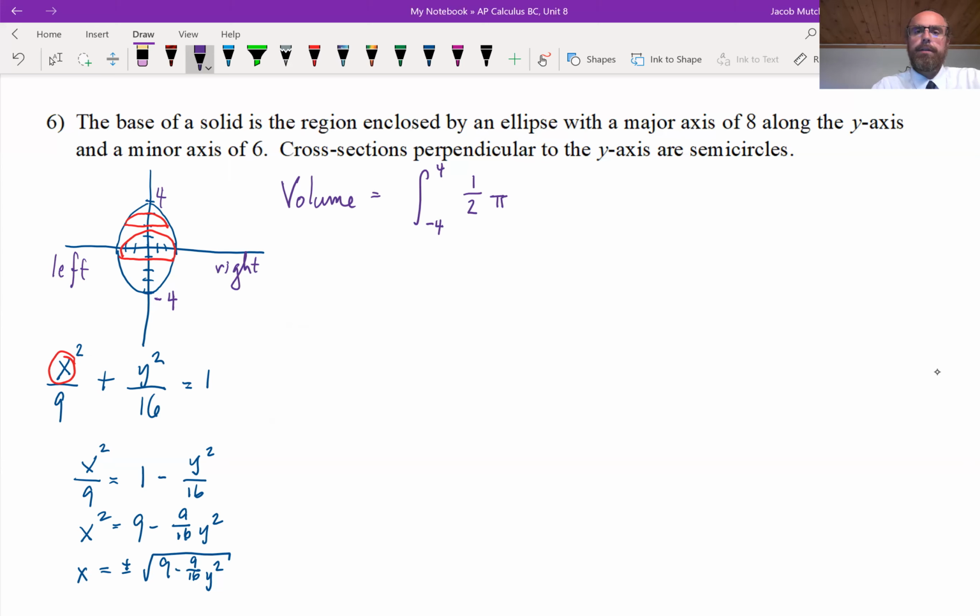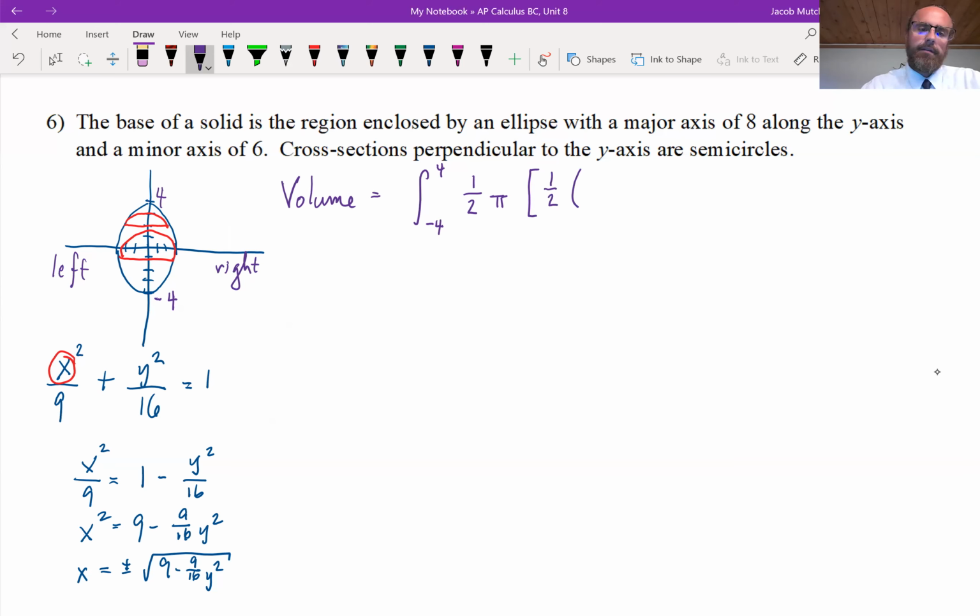The formula for the area of a circle is pi r squared, and we're including the half because it's a semicircle. So for my radius, the way that I want to write that is half, because I don't need the full distance across, that's diameter, we want radius, times the right side minus the left side.